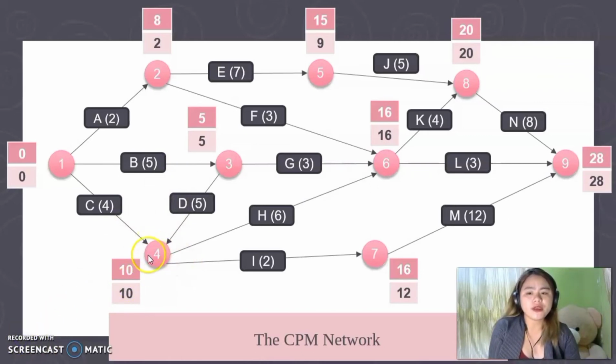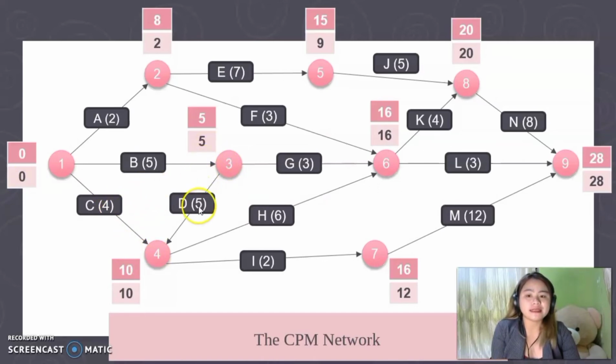As you can see, this node has two options, the 1 to 4 and 3 to 4. According to the formula, we have to choose the maximum value. So here, 0 plus 4 is equal to 4.